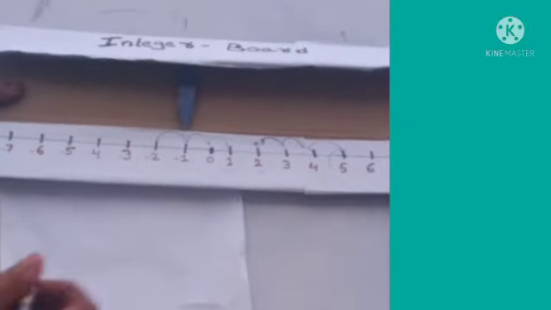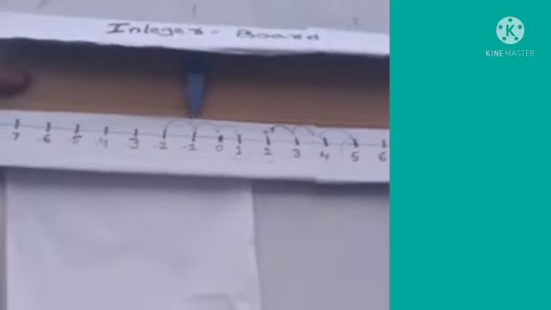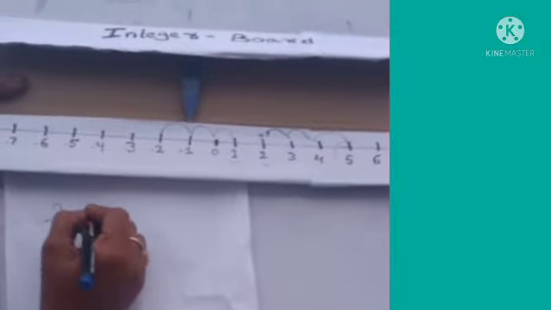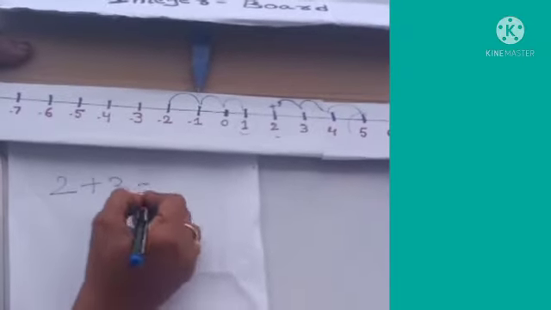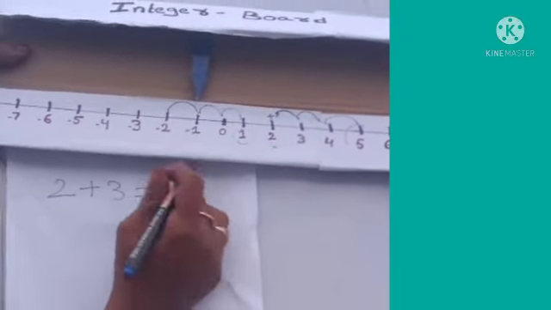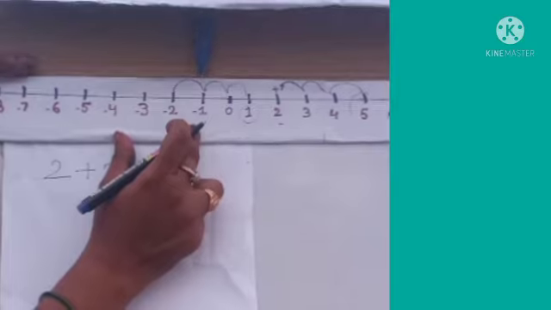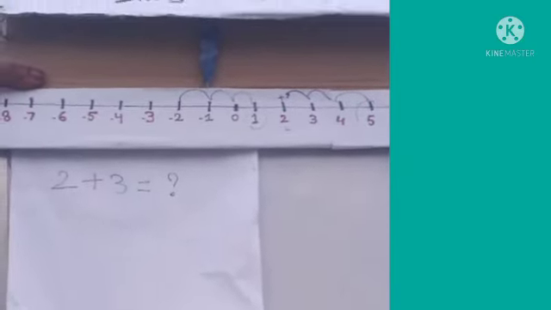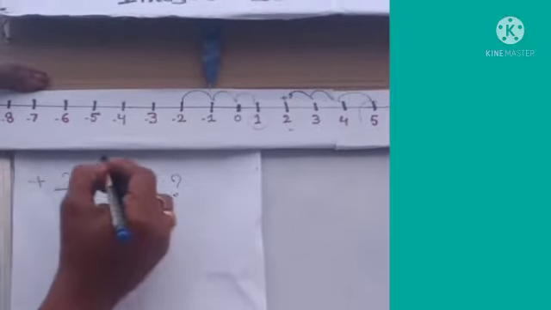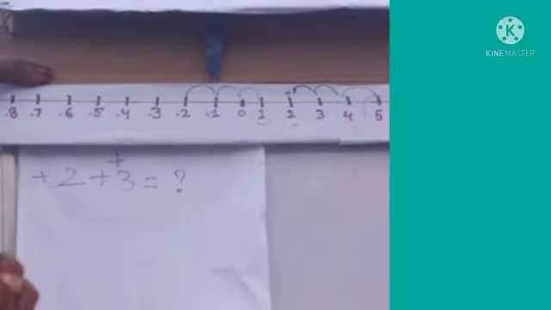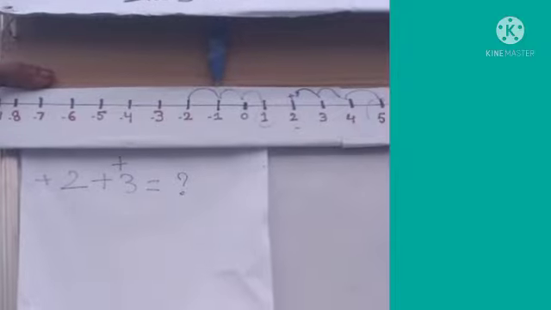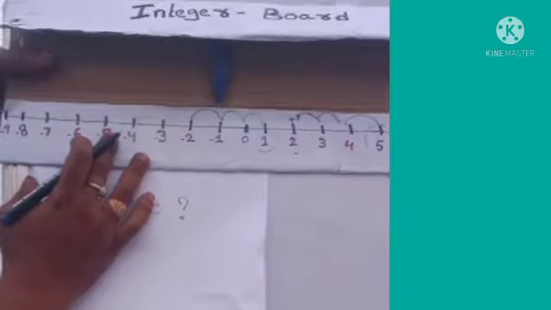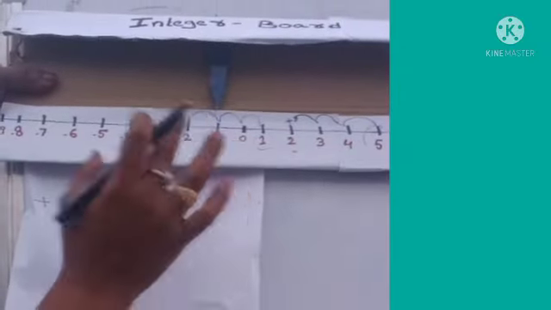For example, we need to count numbers. So we can take 2 plus 3 is equal to how much number will come. Generally, in addition, both numbers are positive, very simple. Now we must follow some rules.